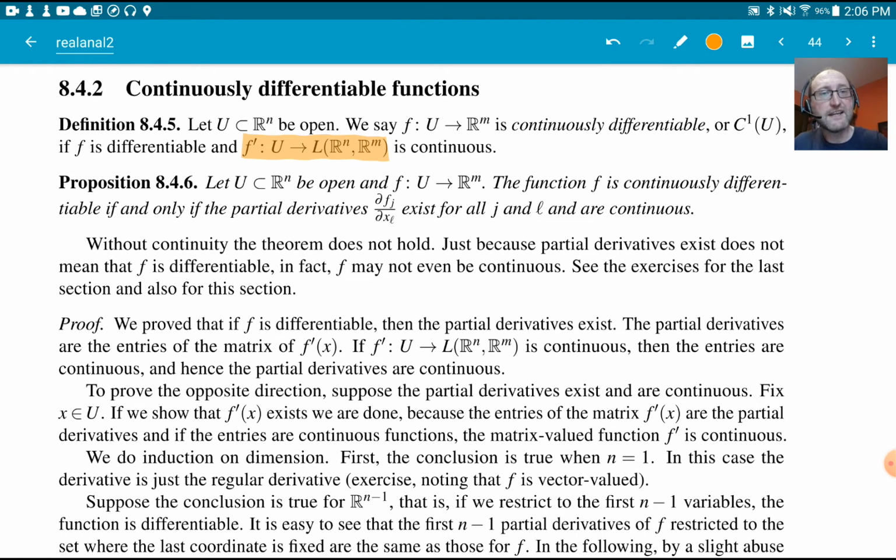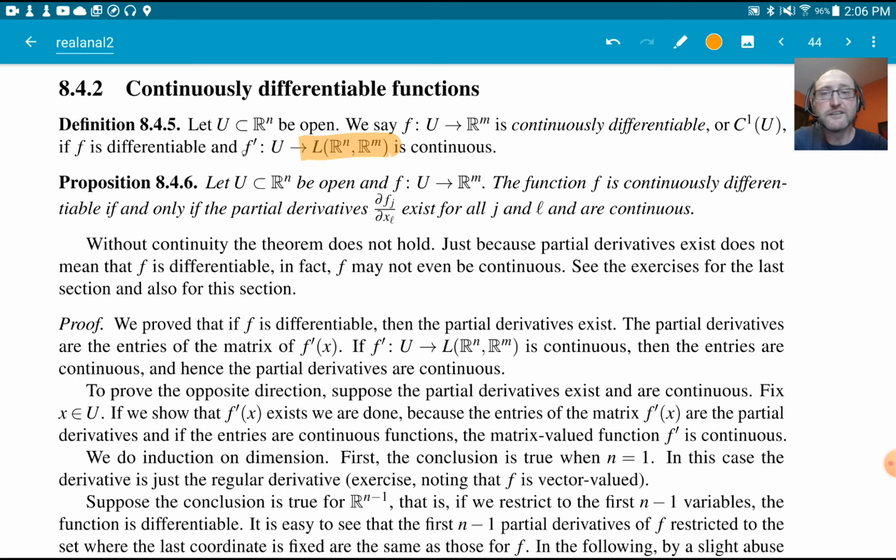And again, as we saw before, it's the continuity of functions either to or from the set of linear operators. Now, normally the metric there is the operator norm, but you can also just consider this a big Euclidean space, an n times m dimensional Euclidean space. You can think of each one of these operators as a matrix, right?